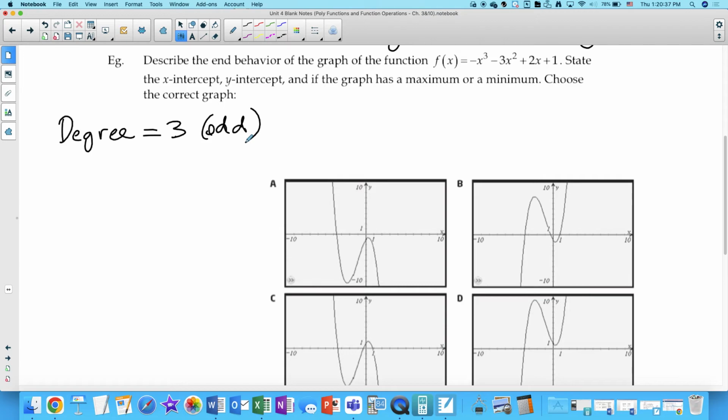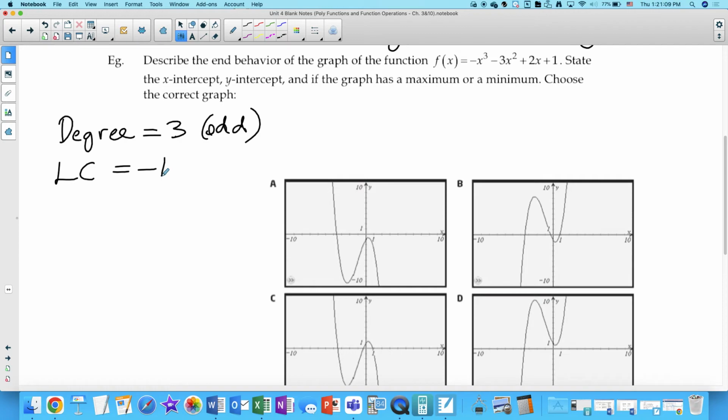Now, sorry, I didn't read through the whole question, but this is a matching question. Okay, so far we can't rule anything out because all of these start and end in opposite directions. Okay, what about the leading coefficient? Yes. So if the leading coefficient is -1, I always remember if it's negative, it ends down, right? And then depending on the degree, it's going to start or end in the same direction.